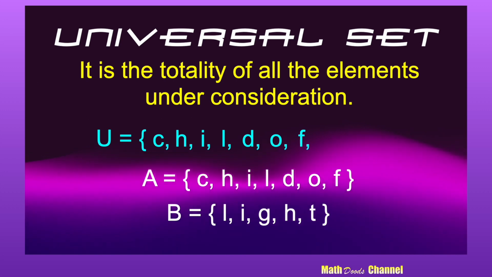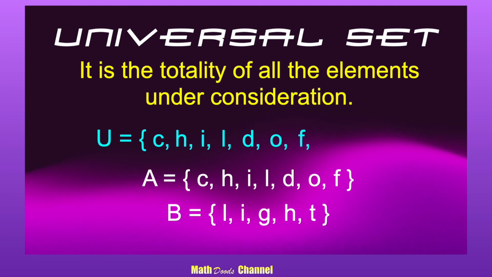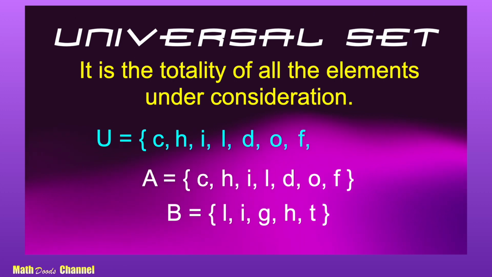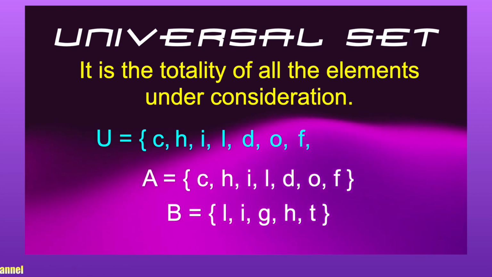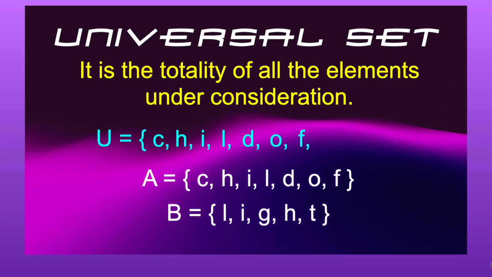Beginning with L. So we already have L in the list. So the elements in a set should not be repeated. The elements should be unique. So we don't write L anymore because there is already L in the list.